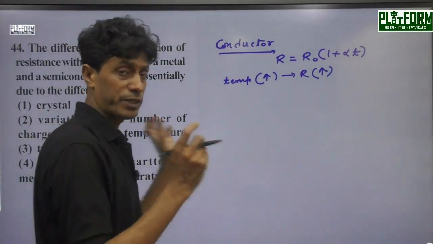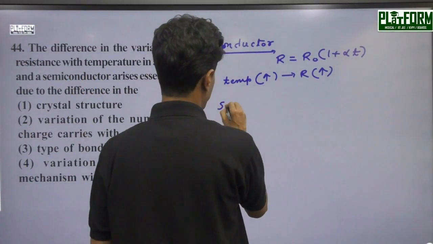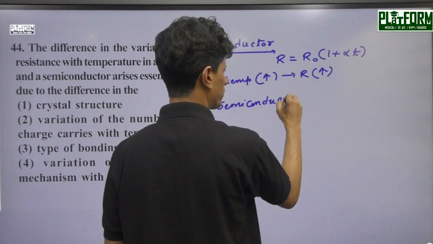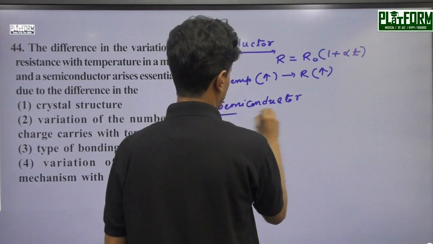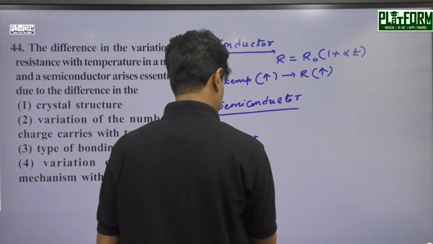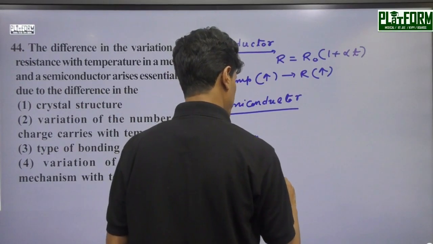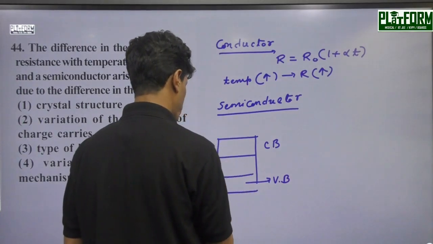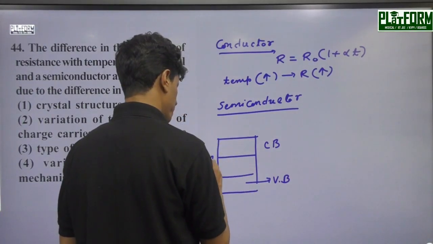But in the case of a semiconductor, this is the valence band, this is the conduction band, and this is the forbidden band.